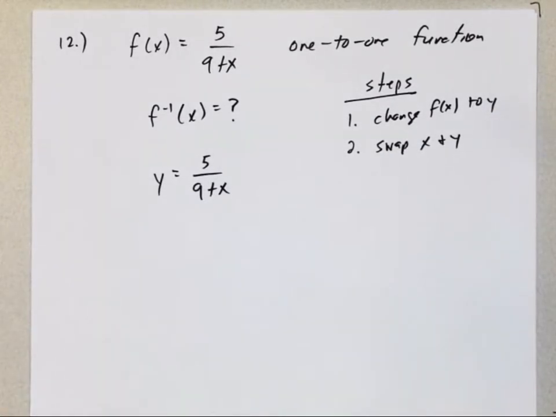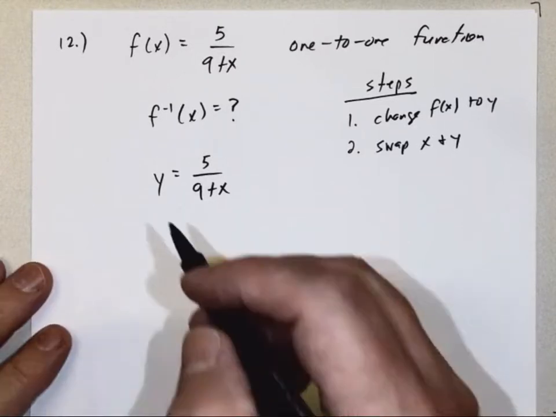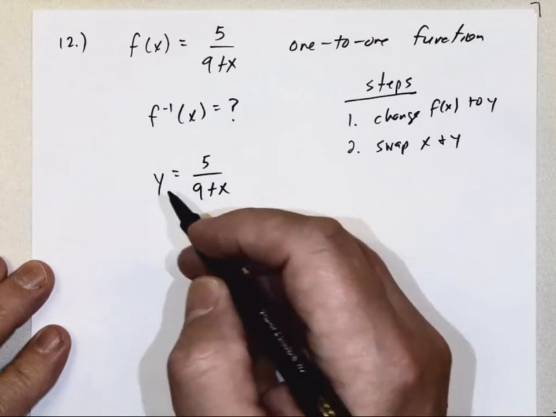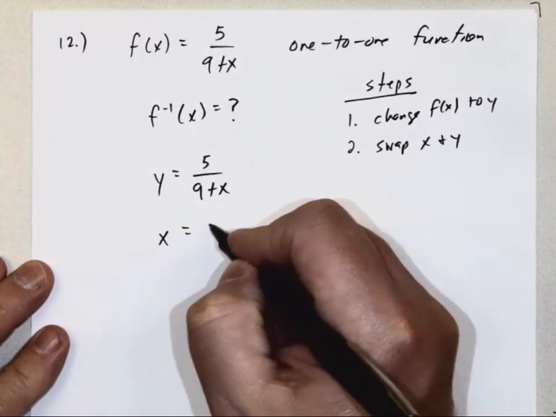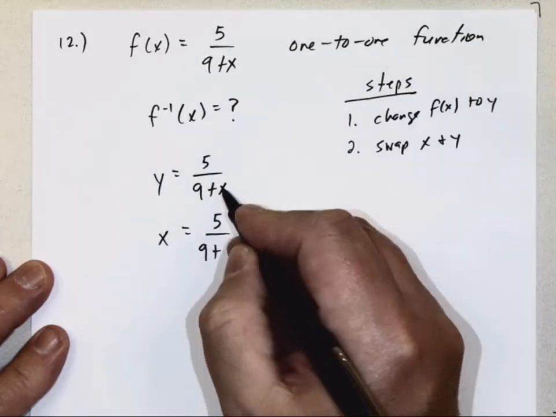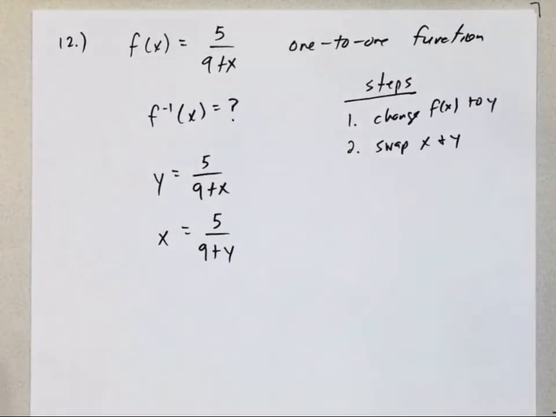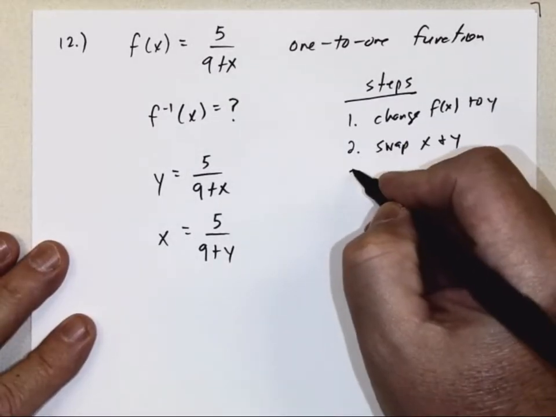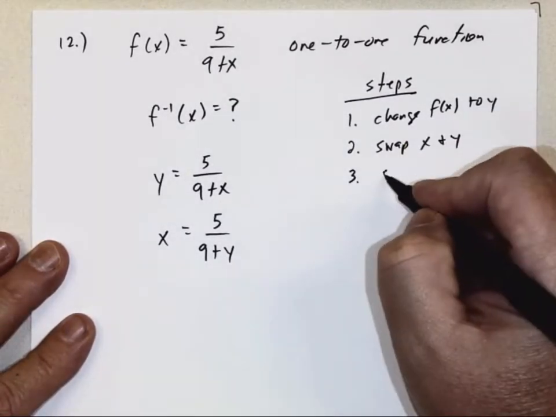And what I'm going to do is swap the x's and the y's. Every place we have an x, I'm going to replace it with y, and every place we have a y, I'll replace it with x. So this becomes x equals 5 over 9 plus, since this was x, it now becomes a y. So that's not too hard.